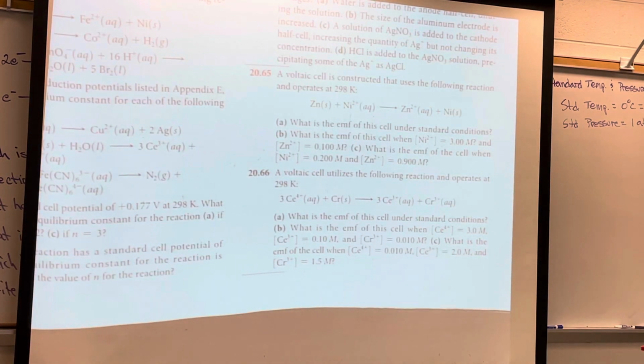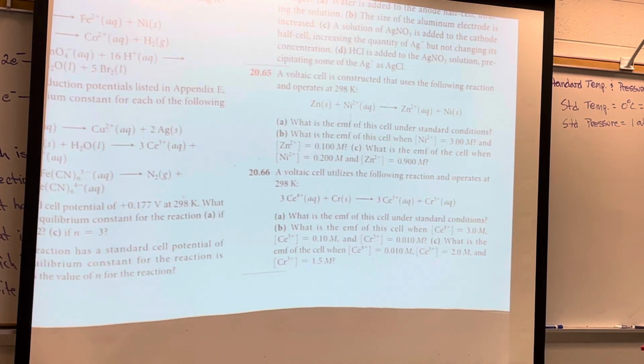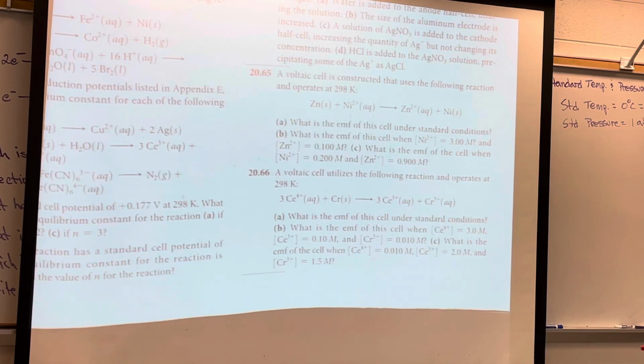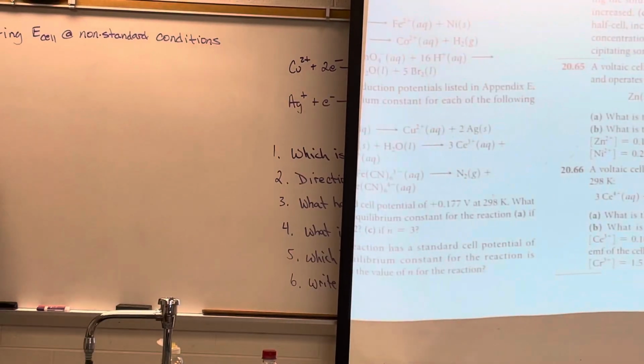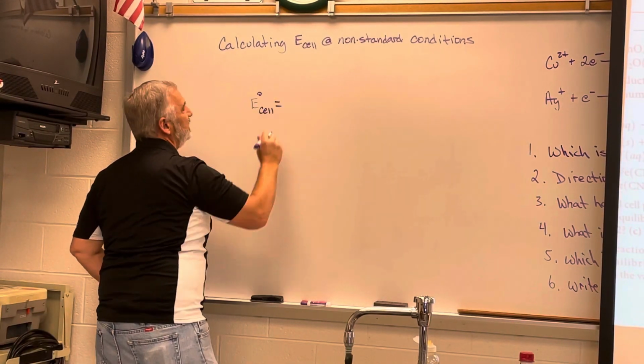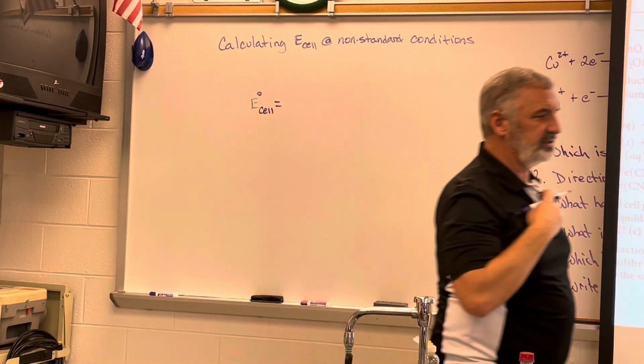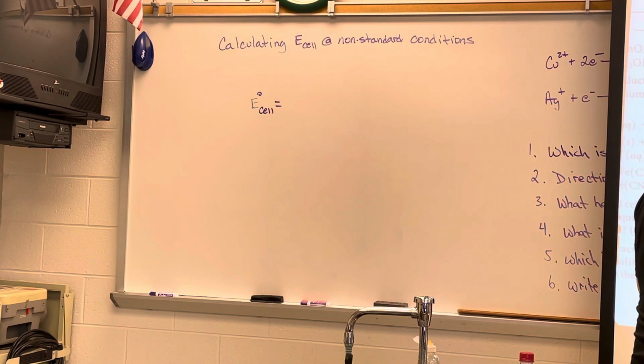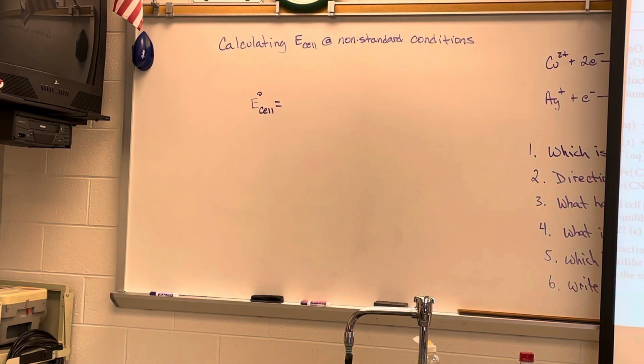So we use the back of the book. We have to have the E cell to get this. So I go to the back of the book and I say my E cell at standard conditions is going to equal E red minus E ox. And what do we have? We have zinc going to zinc 2 plus and nickel 2 plus. So zinc solid is negative 0.763.